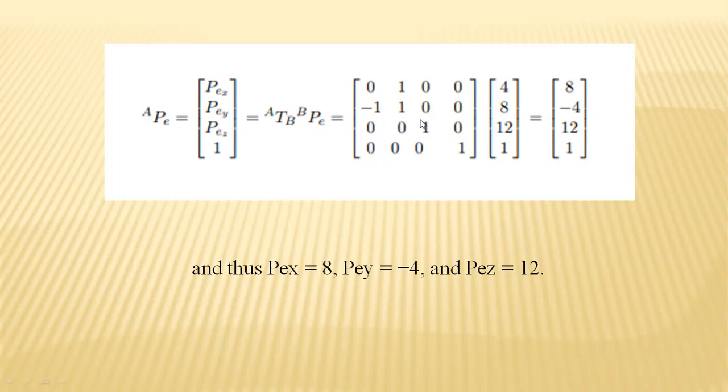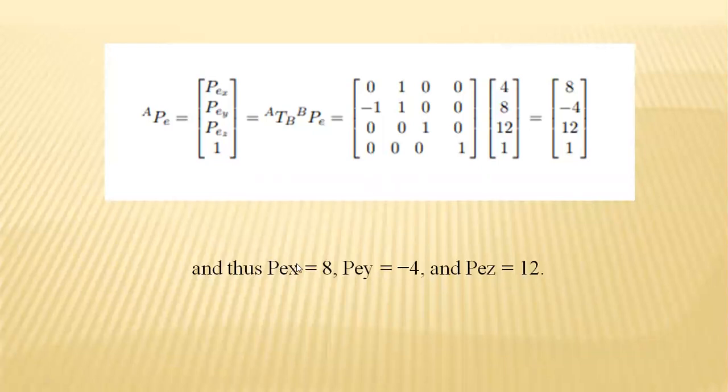Upon this, we'll obtain the values of the Z homogeneous transformation matrix, 0 1 0 0, minus 1 1 0 0, and along with that, the existing position of the end effector upon multiplication, we will identify the new coordinates at the end point after the rotation of pi by 2.